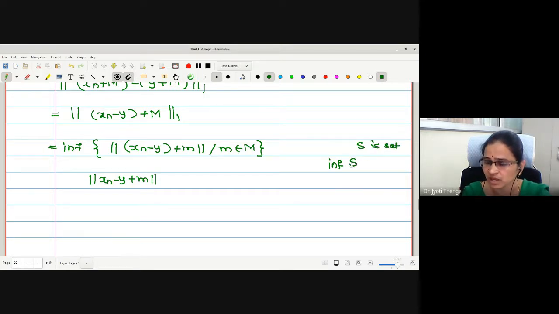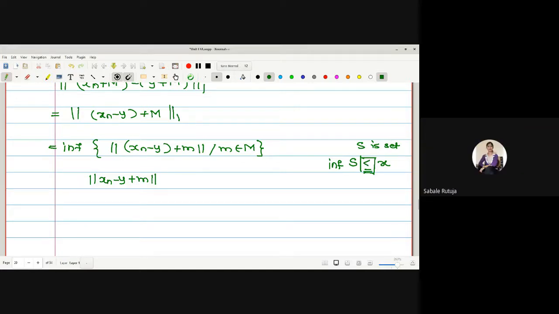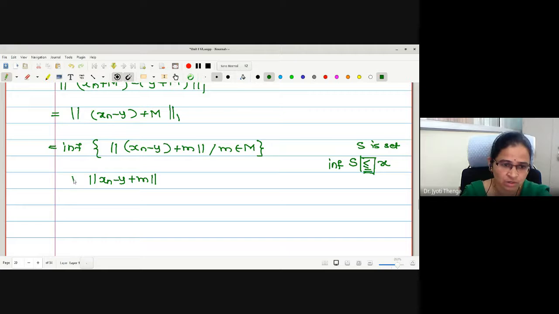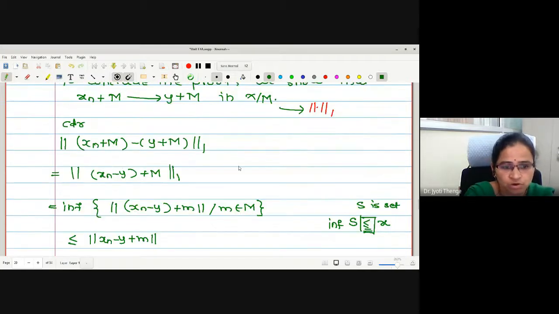Infimum of S and any arbitrary element X. What is the relation here? Less or equal. Yes, it is less or equal. So can I write here less or equal? What is the left hand side? You know it: norm 1 of X.